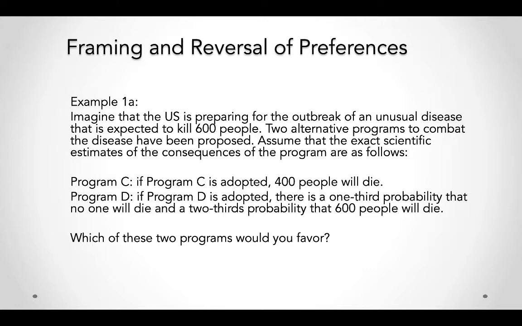If program D is adopted, there's a 1/3 probability that no one will die and a 2/3 probability that 600 people will die. Which of these two programs would you now favor, right?